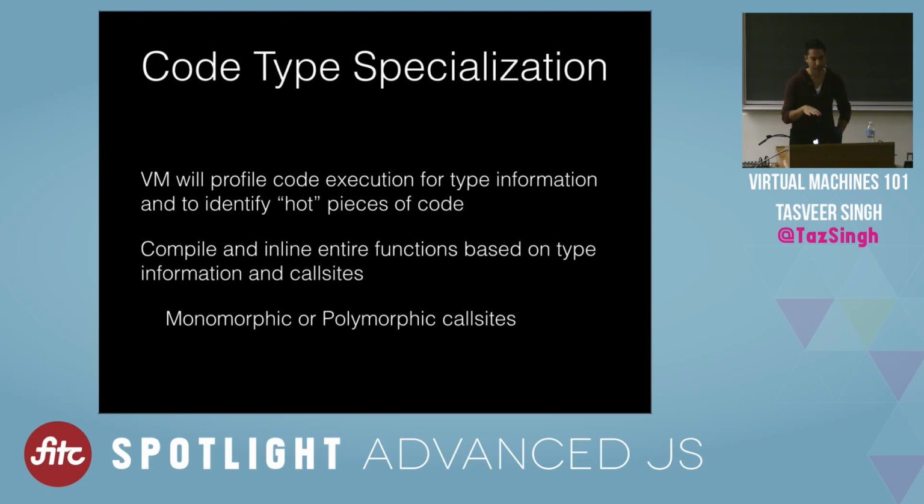Notably, IE9 only does monomorphic inlining. So on IE9, if you did polymorphic inlining, it just won't inline. It'll just go straight back to the interpreter, which is slow, collects garbage, all of that bad stuff. So you want to really stick to monomorphic, once again, for IE9 performance. IE10 plus does polymorphic and does a whole bunch of other stuff as well. Microsoft's really worked very hard on Chakra, so it's good to see.